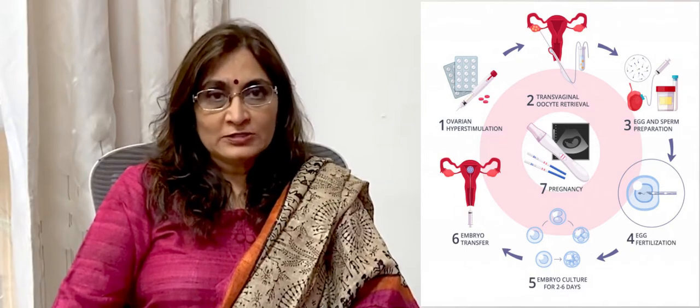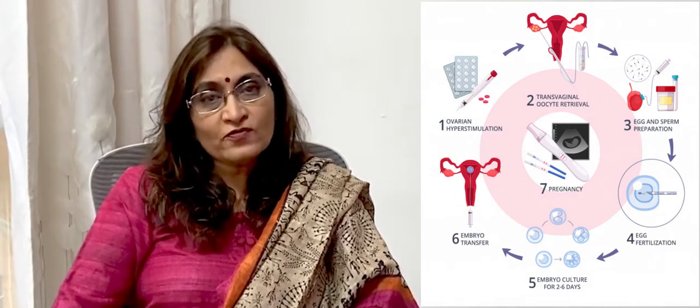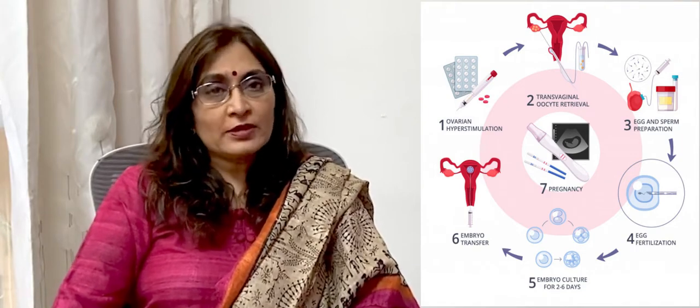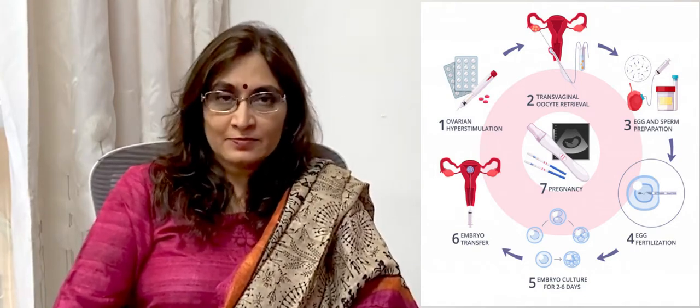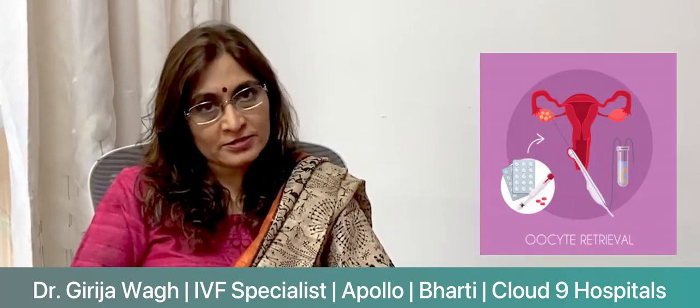In vitro fertilization, a process of controlled ovarian hyperstimulation is undertaken. So how is this done? We give you a series of injections on a daily basis, usually starting from the 7th day of your cycle, or sometimes from the first day of your menstrual cycle itself. And these series of injections are given with the purpose of stimulating your ovary to make more and more eggs.